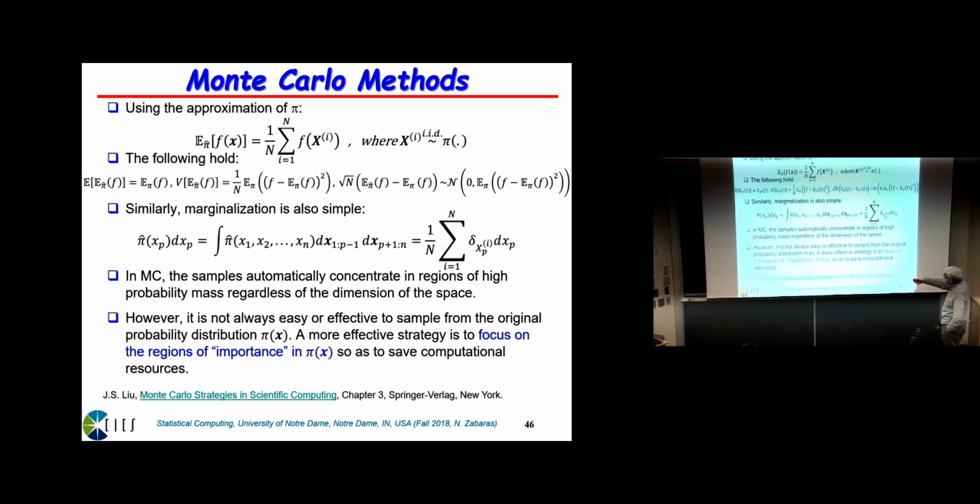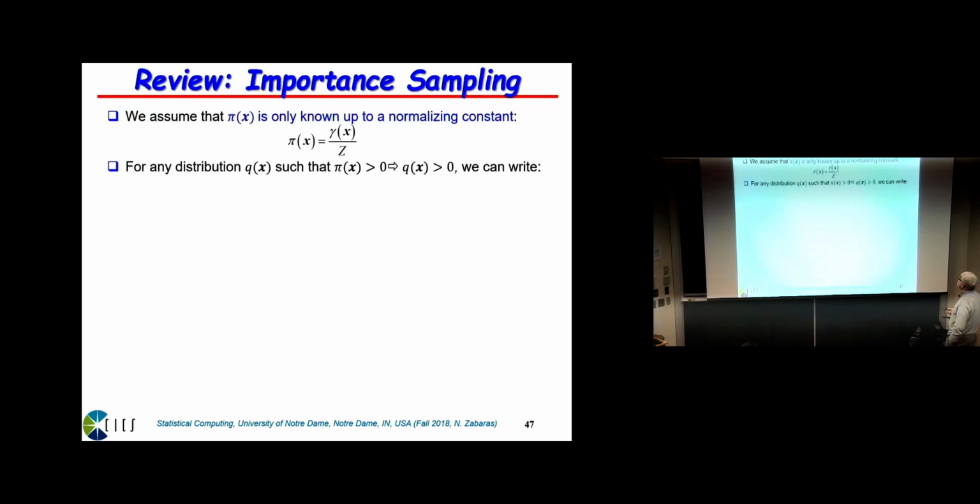If you want the marginal, the only thing you do is you basically keep the delta mass at X_p. The delta functions in the other X variables are integrated out. So marginalization is sort of an immediate thing. You don't need to do anything. All right, so that's Monte Carlo.